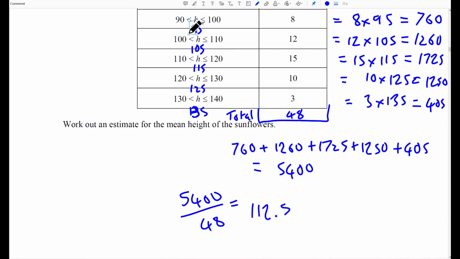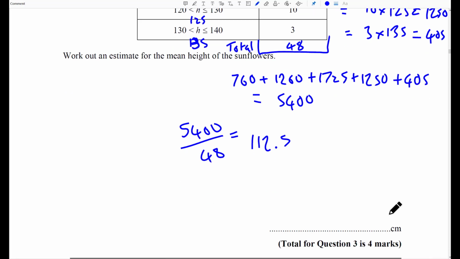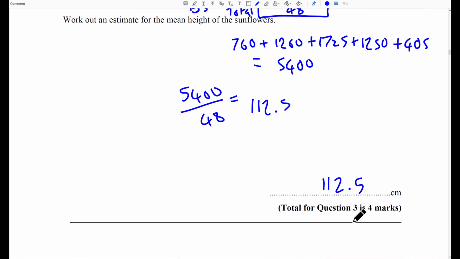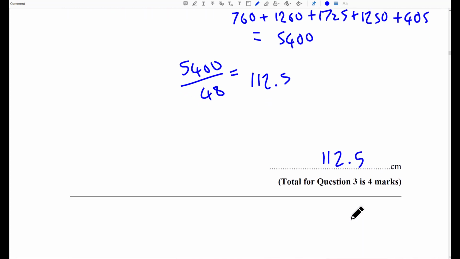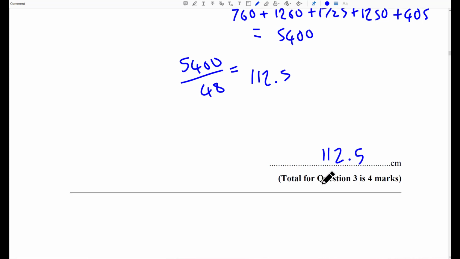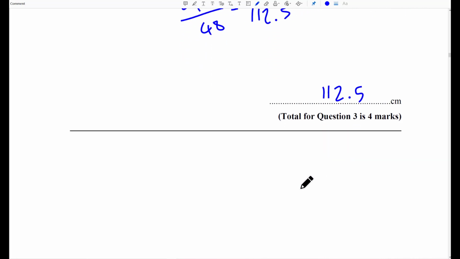Look if your answer makes sense within this range of information. It makes sense. So you haven't made a calculator error. There you go. And make it easy for the examiner. Just write that right there. That will get you your 4 marks. I do not want to just see answers there. That's a 4-mark question.